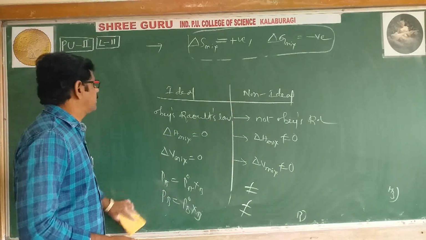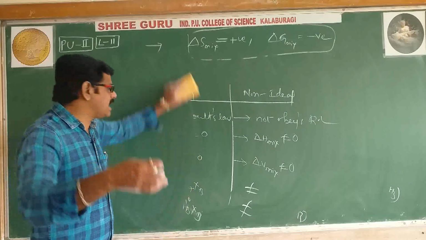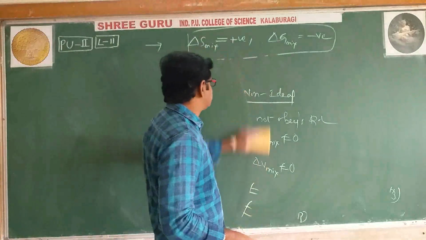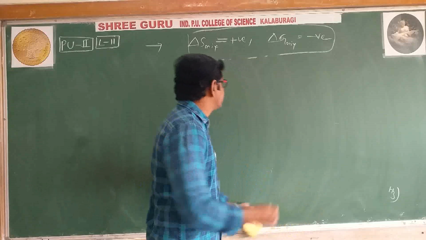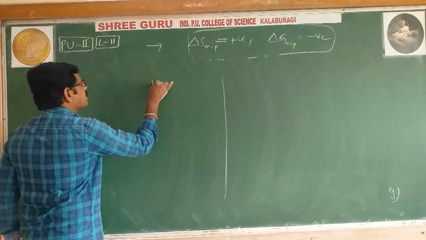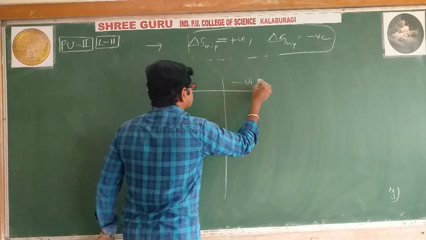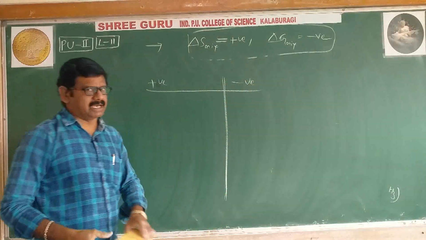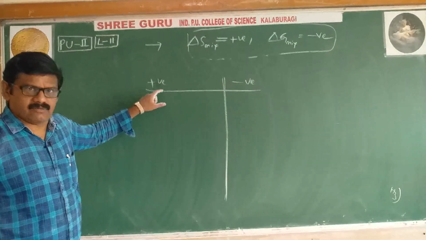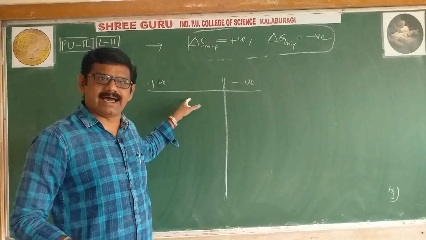Next we'll write differences between positive deviation and negative deviation. One side we'll write positive and one side negative deviation. Here, vapor pressure is more than expected.